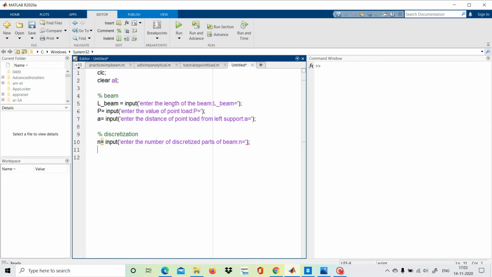If you give this n, then what is the next part? We can get the length of each part.